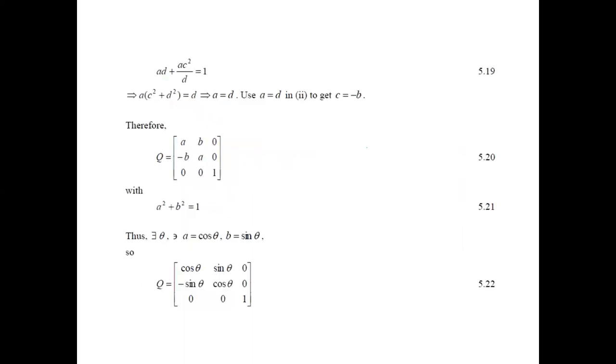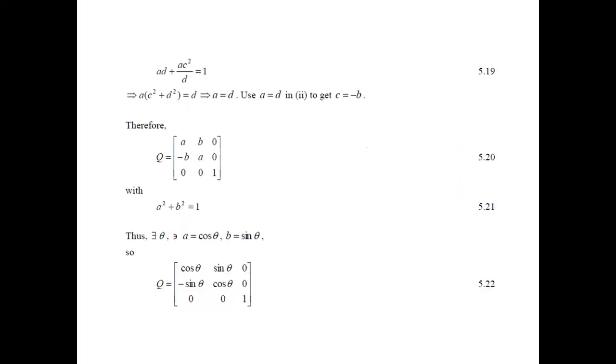You get AD plus C squared by D equals 1, which implies that A into C squared plus D squared equals D, which implies that A equals D. Use A equals D in equation 2 to get C equals minus B. Therefore, Q is equal to A, B, 0, minus B, A, 0, 0, 0, 1, with A squared plus B squared being equal to 1, as we saw in equation 515.